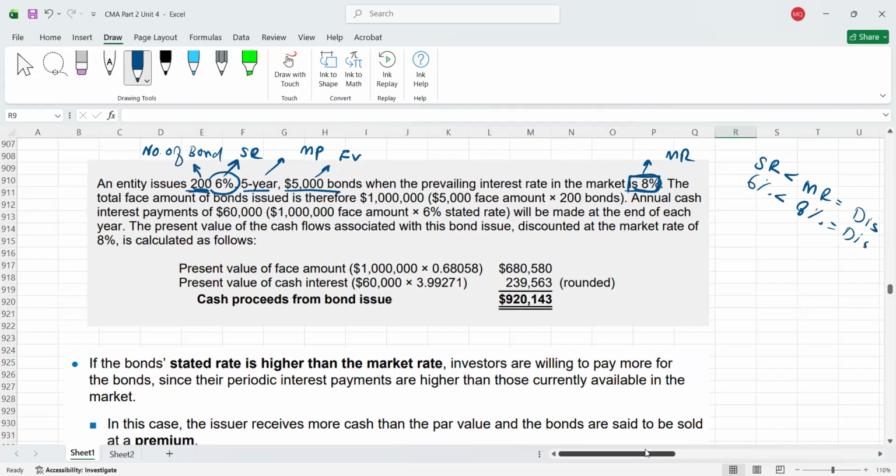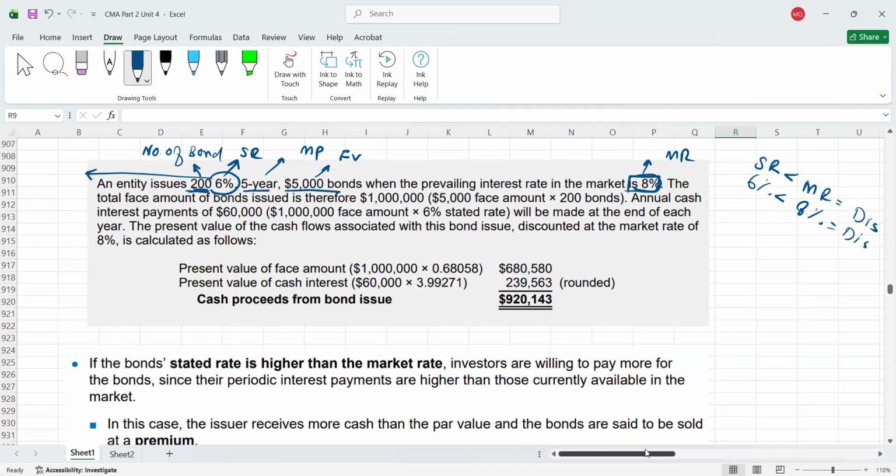Now we also make an assumption here: we assume that this interest is paid annually, because this point you also need to know, whether interest is paid annually or semi-annually. Because if it is paid semi-annually, we need to adjust our calculations accordingly. So for this question, whatever I'm solving, I'm assuming interest is paid annually.